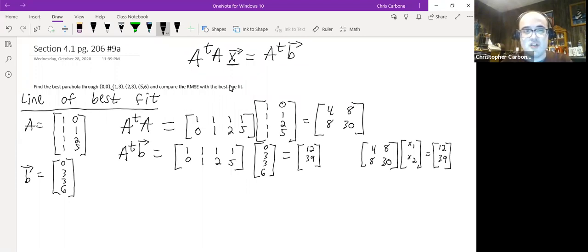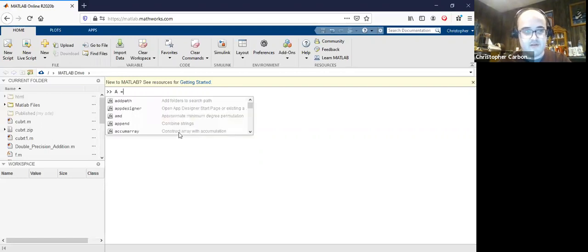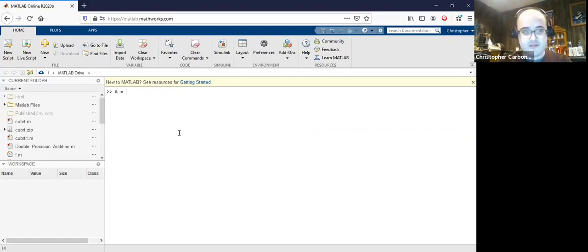But let me show that in Matlab very quickly. We first need to define our matrix A. A is equal to, we need a bracket. The first row is a 4 and an 8. A semicolon to go to the next row. The second row was 8 and 30.